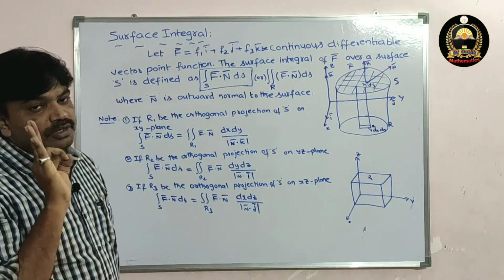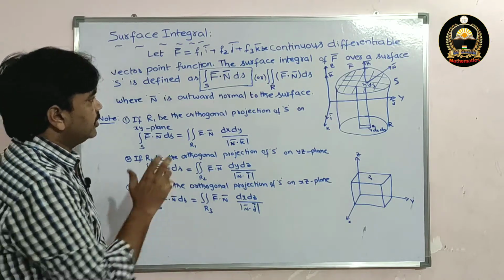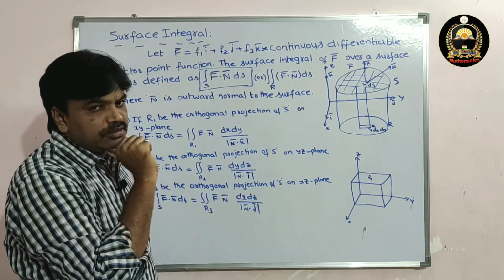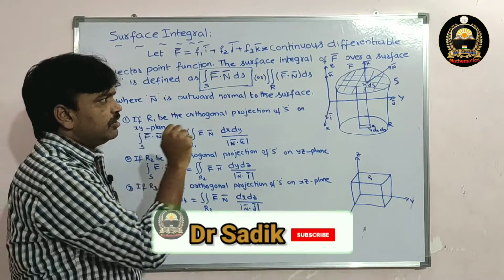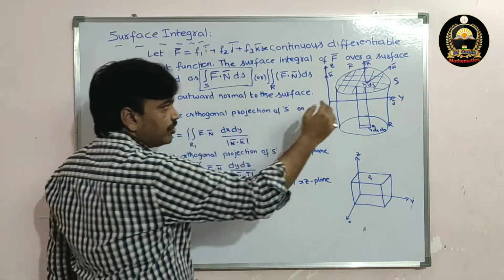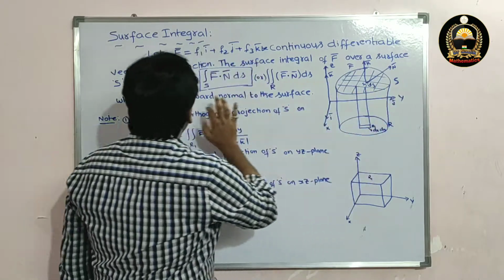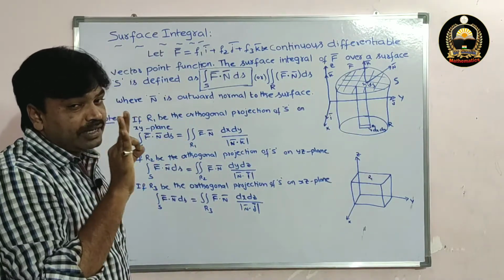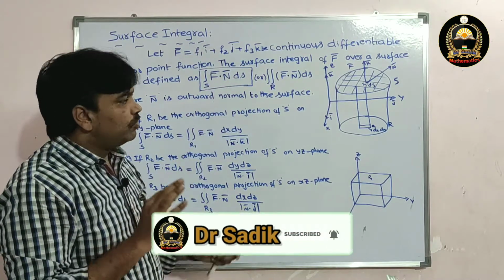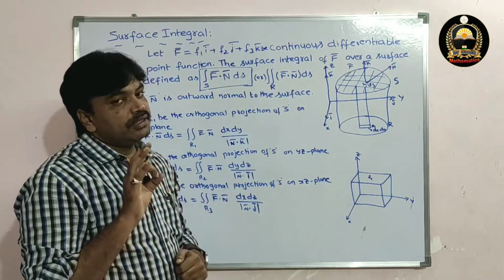The surface integral of f bar deals with double integration of f bar over a surface S. This is surface S. It is defined as the integral over S of f bar dot n bar ds, a double integral over S of f bar dot n bar ds.